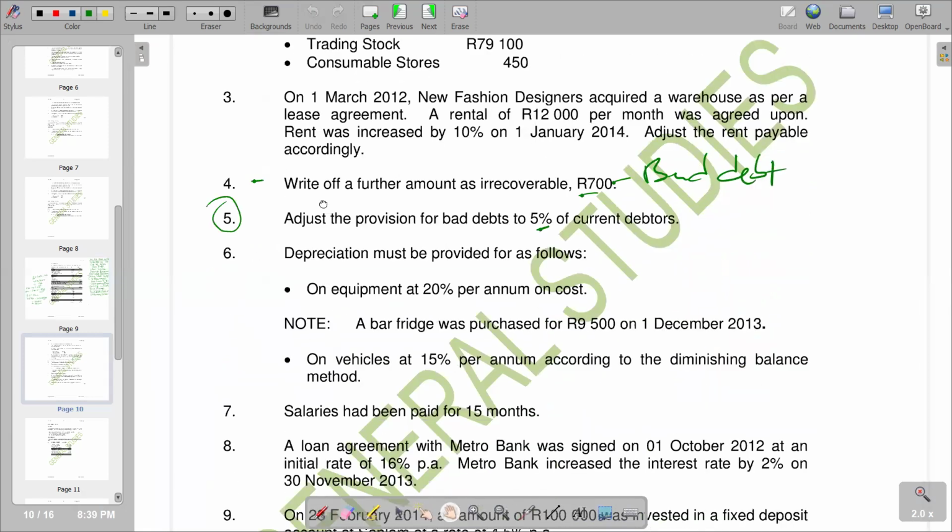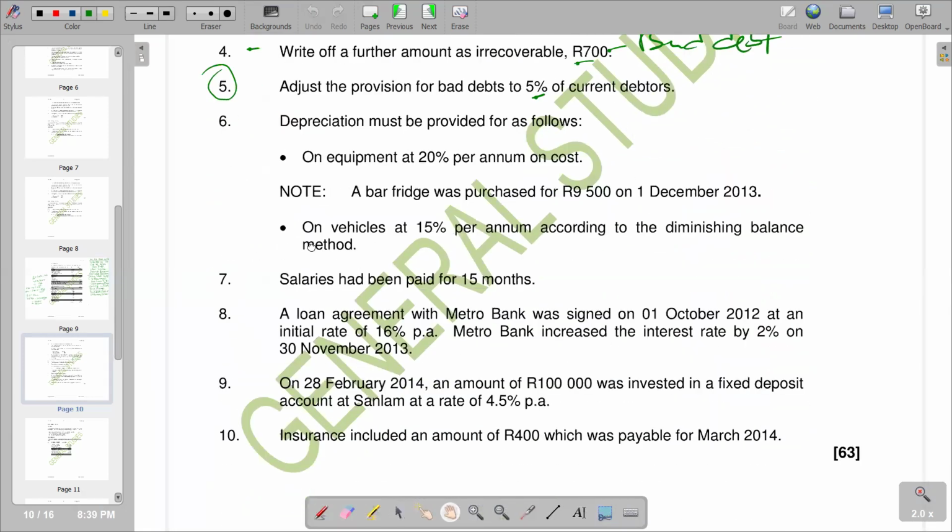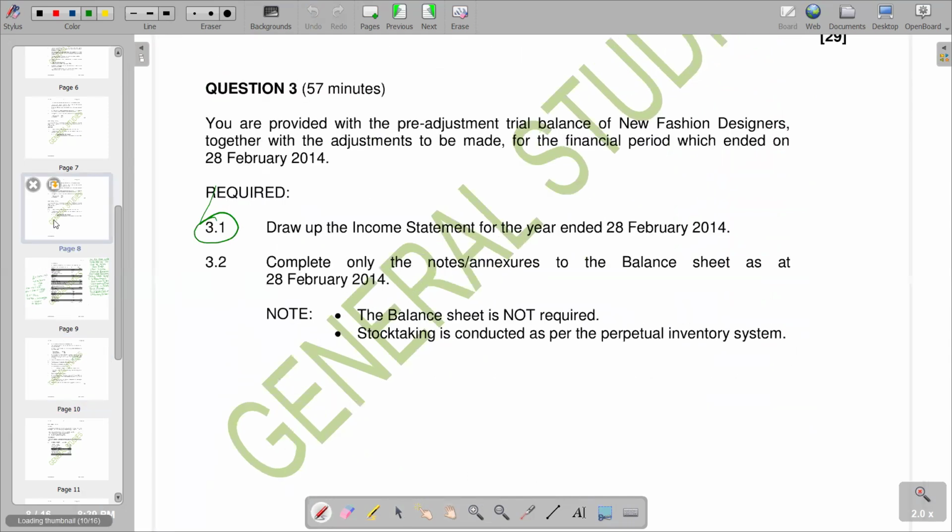We try to go down checking if we have got anything. The last item, item 10, says insurance included an amount of 400 which was payable for March 2014. And we know that our year is ending February 2014.